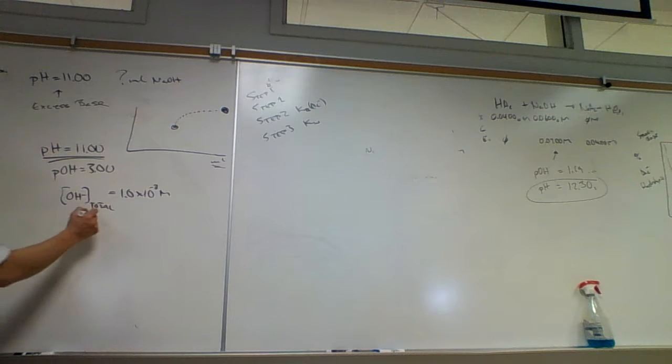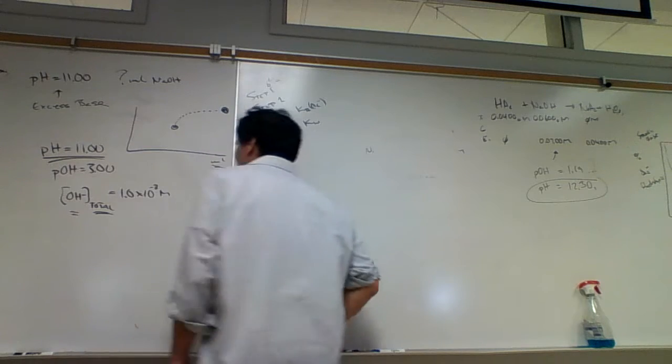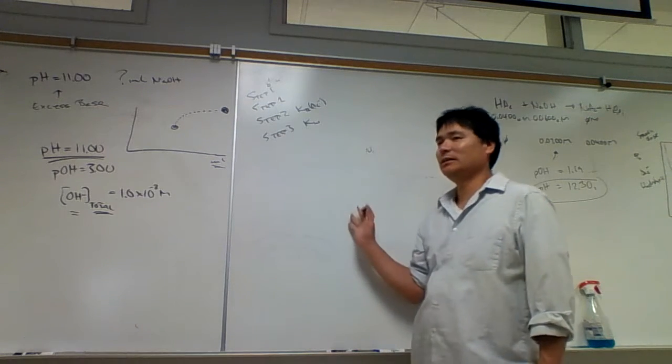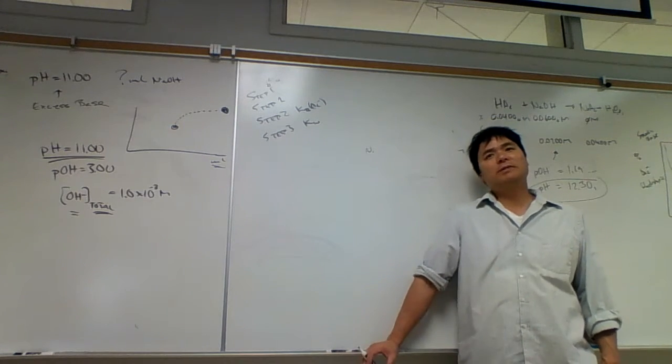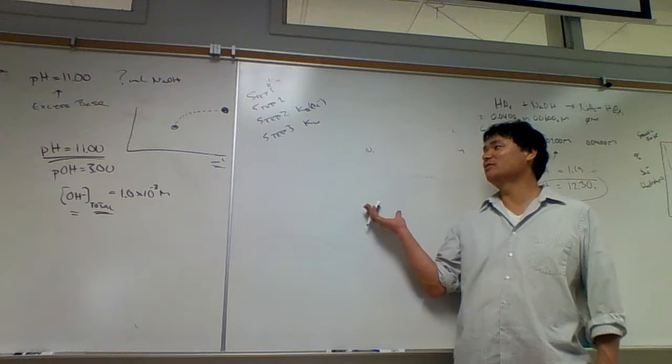And so this is the total hydroxide from all the steps combined, right? This is the amount of hydroxide I got at the end of this. So where's the end, you know? So that's the hydroxide at the end of step 3? Yes, it is. It's supposed to be. This is going to be the amount of hydroxide at the end of step 3.